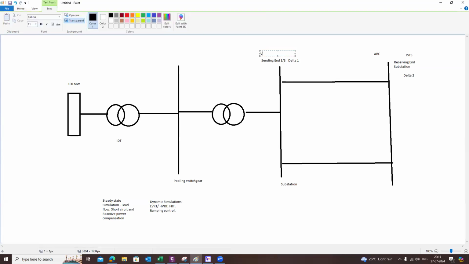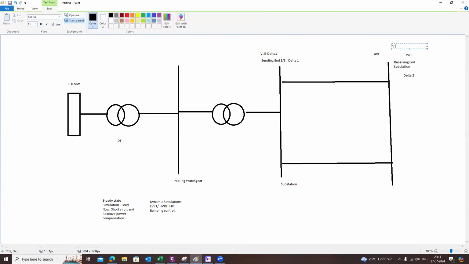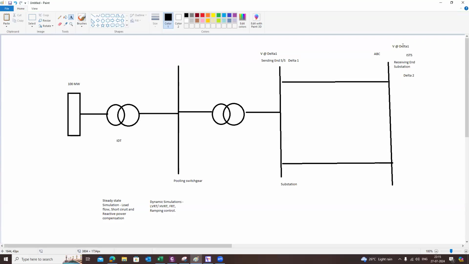This is V at an angle delta 1, the load angle, and this is V at delta 2. It's not the power factor angle. I'm not talking about the power factor angle, because the power factor angle is nothing but the angle between the voltage and the current.